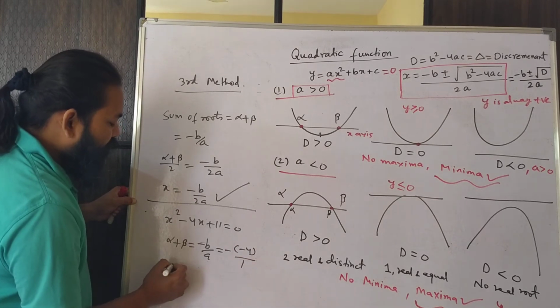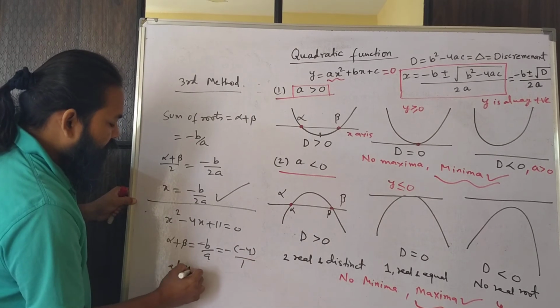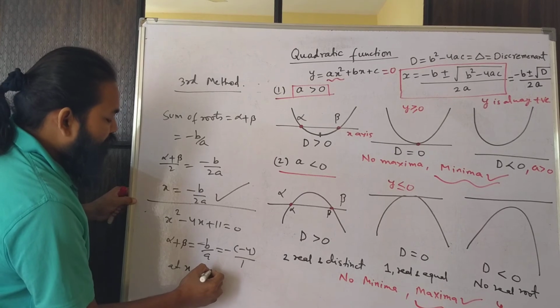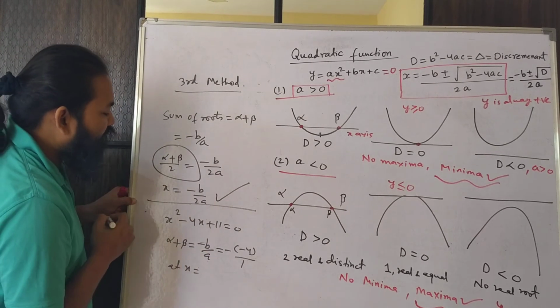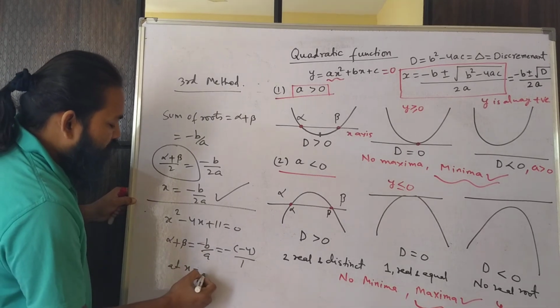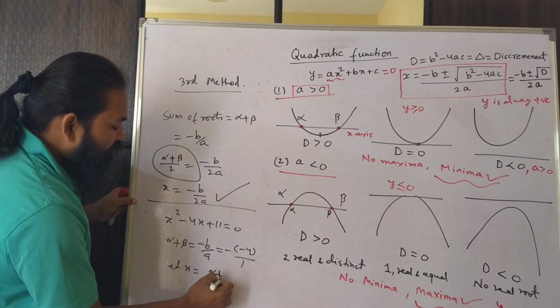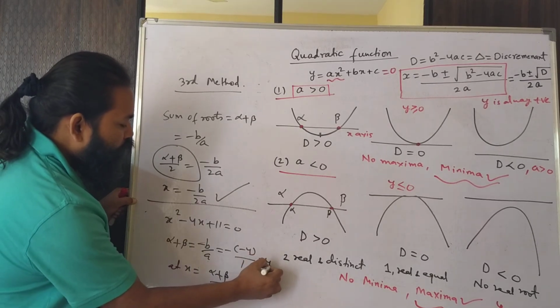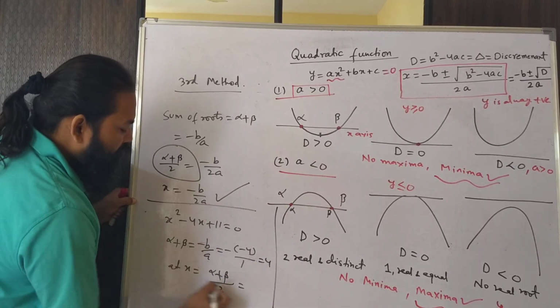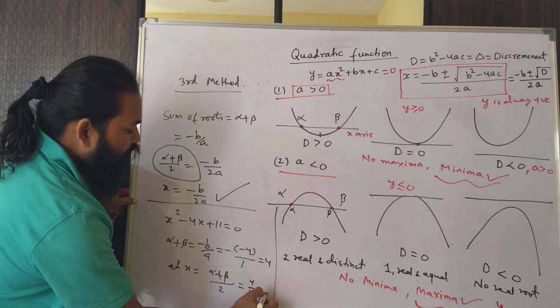So minima will come at x is equal to alpha plus beta by 2, right? That is the concept I am talking about. So minima will come at x equal to 4 by 2, which is 2.